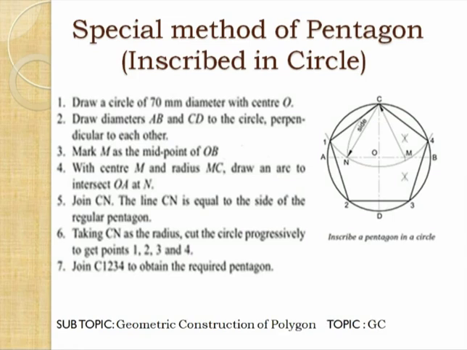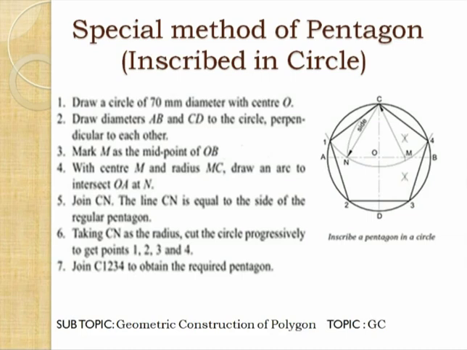Then you get the center point of AO, N. N is the center point of AO. You bisect AO and get the point N. Then taking center N and length equal to NC, you draw the arc.